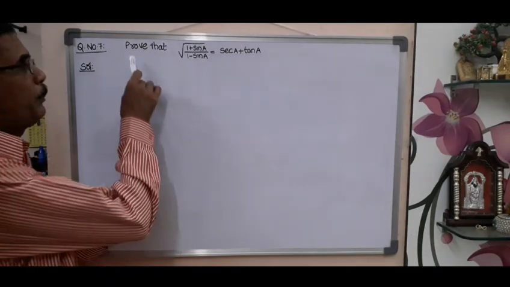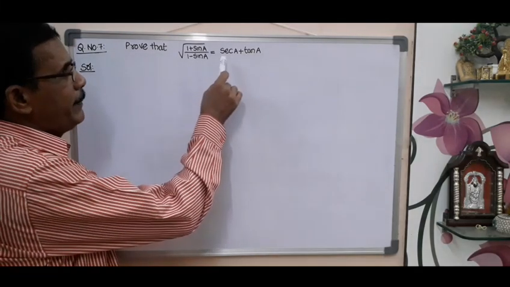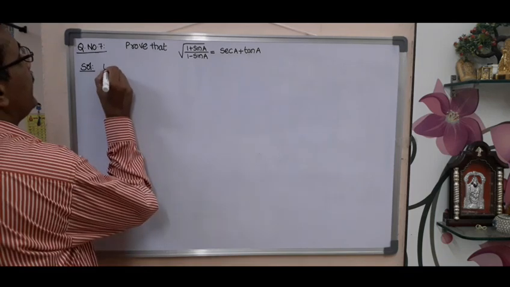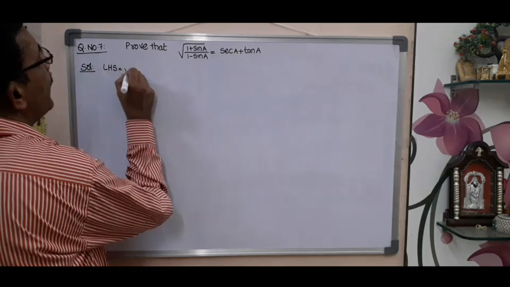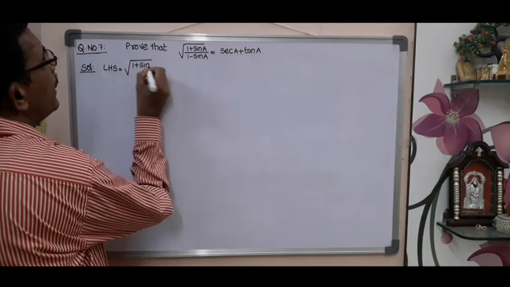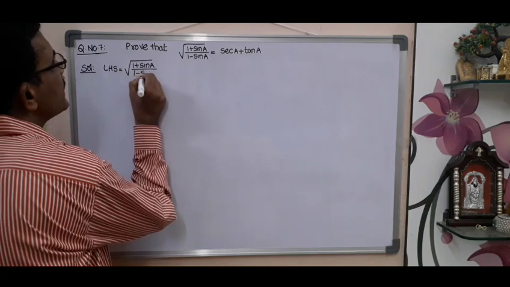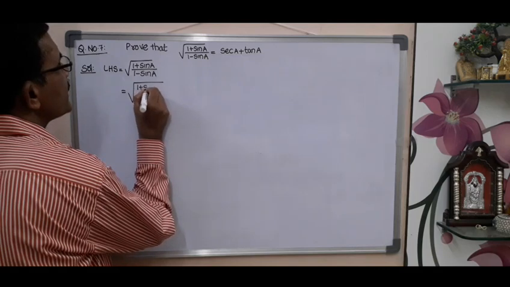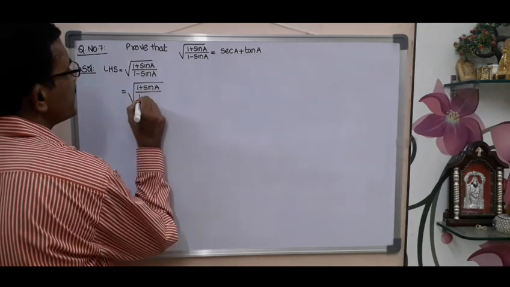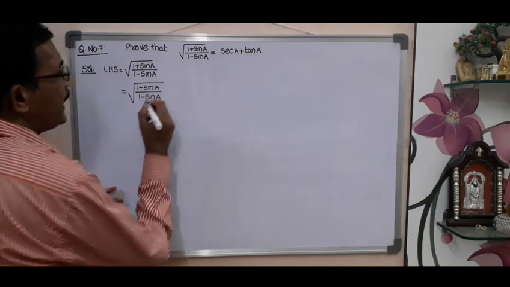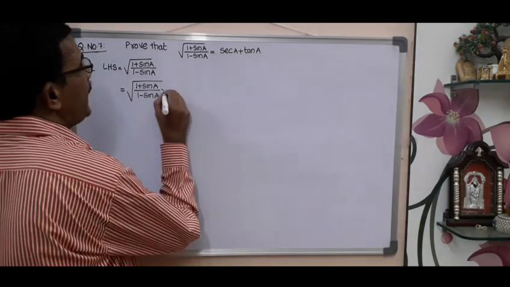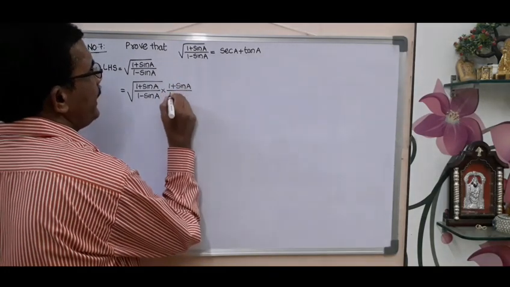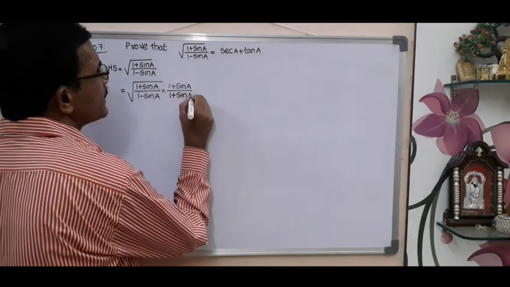Next, prove that under root 1 plus sin A by 1 minus sin A is equal to secant A plus tan A. LHS: under root 1 plus sin A by 1 minus sin A. Here denominator is 1 minus sin A, so I am multiplying and dividing it by 1 plus sin A, like a rationalization.